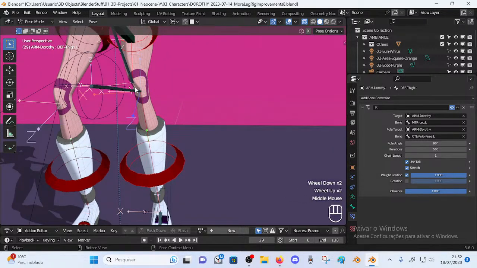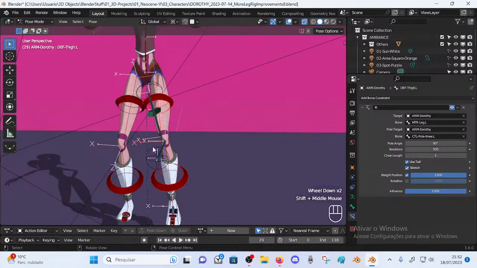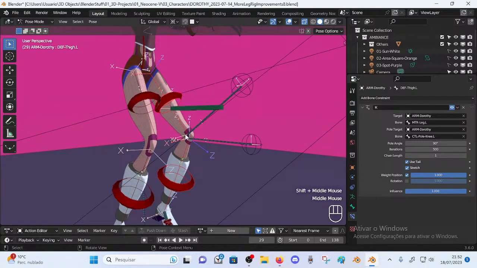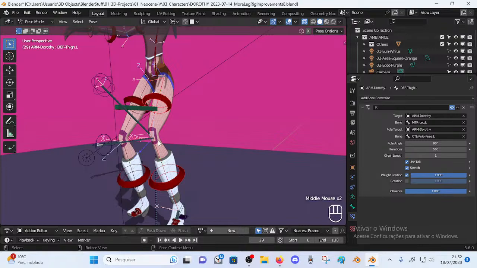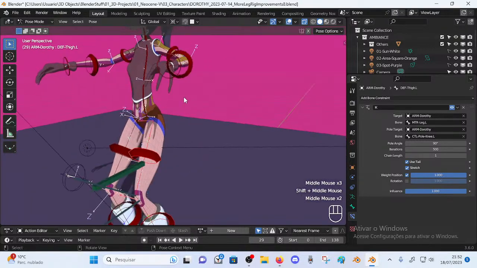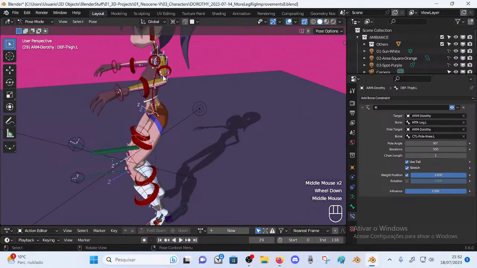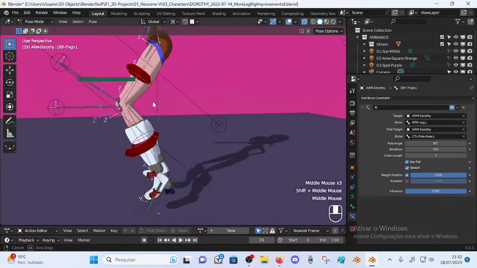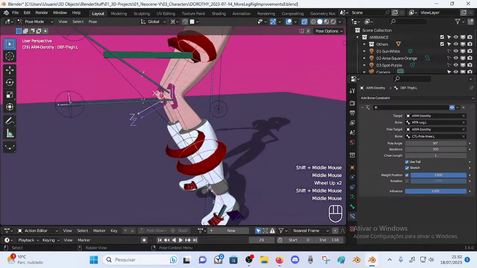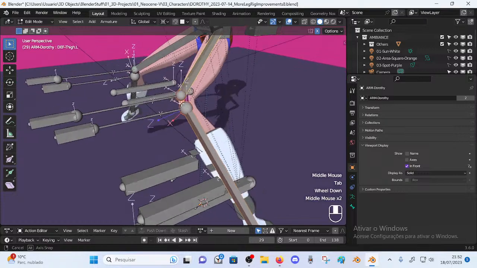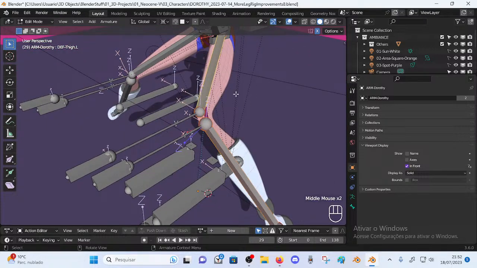Then I decided to delete it because it makes this area very complicated. So I deleted the joint bone, which was a deforming bone, which doesn't mean that we can't add a deformed bone there outside of the chain.